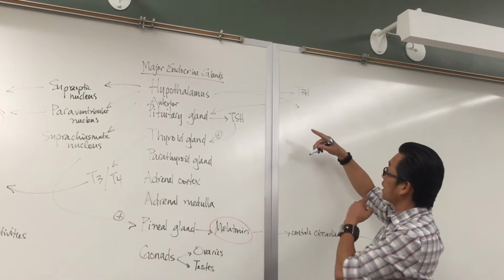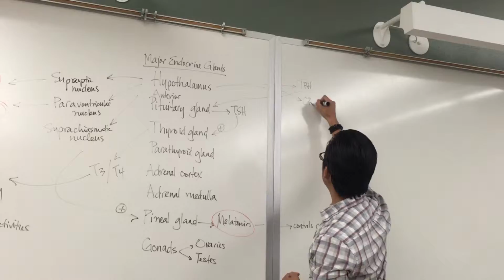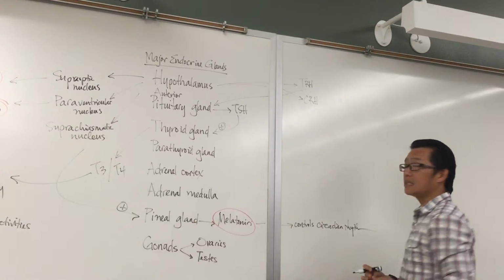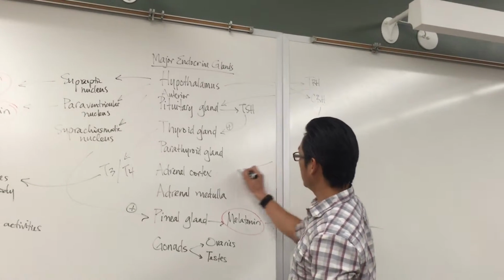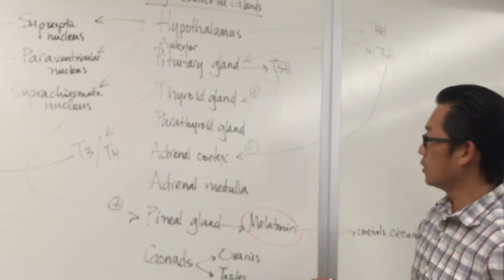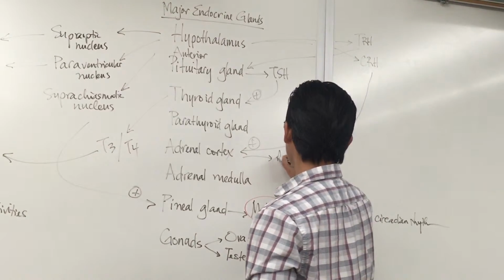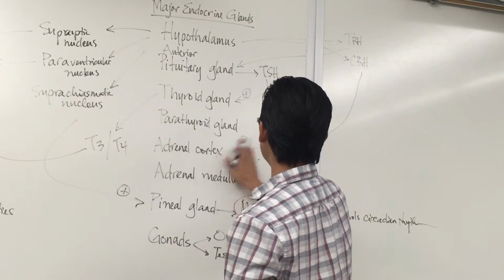Another hormone from the hypothalamus, you would have the CRH, corticotropin releasing hormone. Okay, CRH goes to the anterior pituitary first and stimulates it to release ACTH.